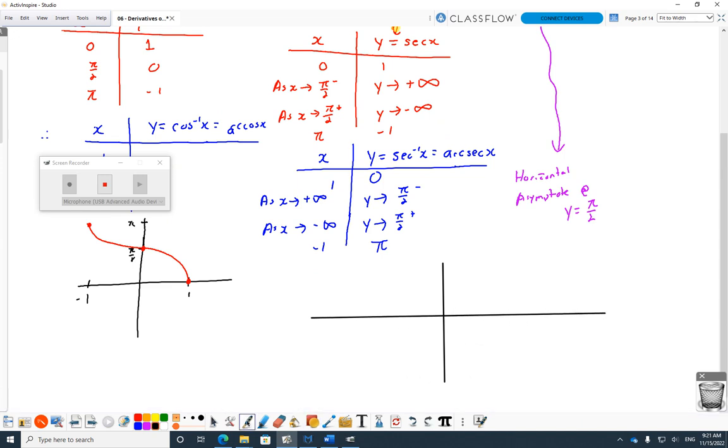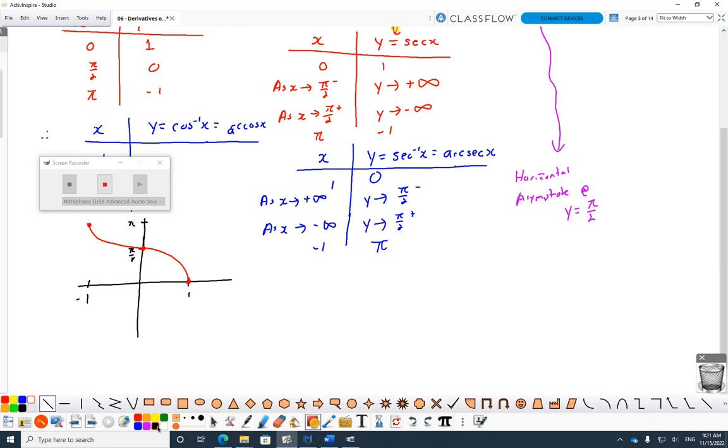The points first. That's what I'm going to go with first. The points. 1, 0. I'm off to a great start. 1, 0. Negative 1, pi. Now I'm unhappy with my grid.